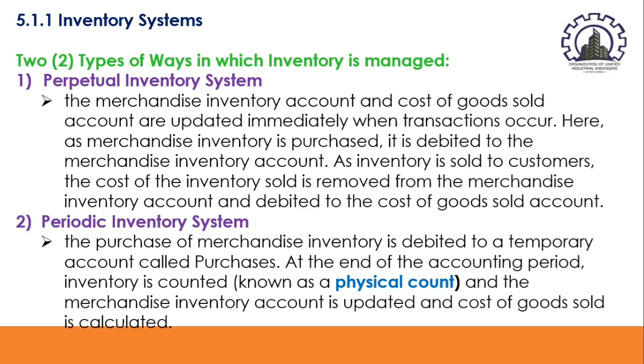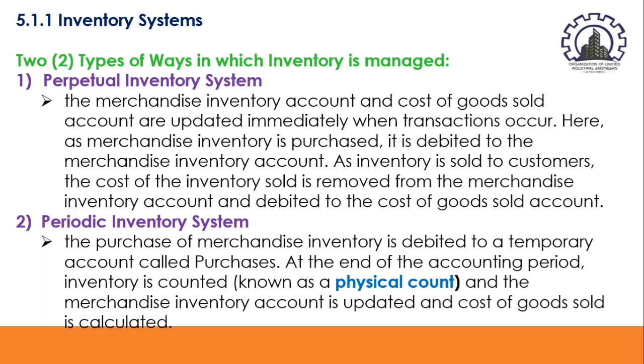At the end of the accounting period, inventory is counted, known as a physical count, and the merchandise inventory account is updated and cost of goods sold is calculated. So here, in a periodic inventory system, the real-time balances in merchandise inventory and cost of goods sold are not known.